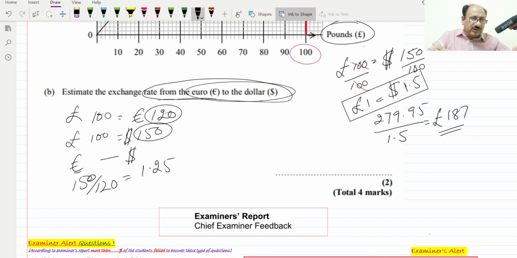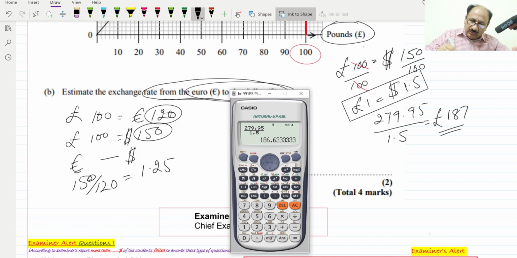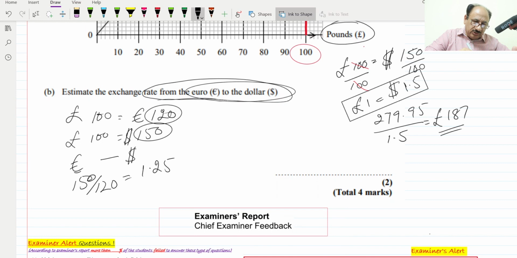If we check with the calculator, 150 divided by 120 will be equal to 1.25, and this is the conversion ratio which they were looking for. So we can write here 1.25 as our answer. Hopefully you understood.